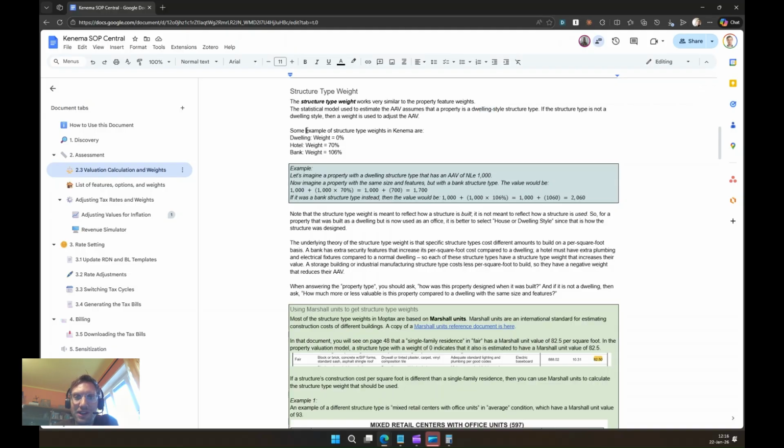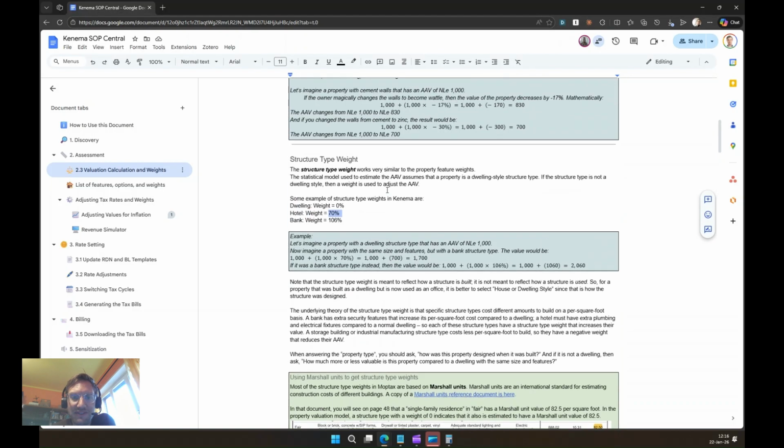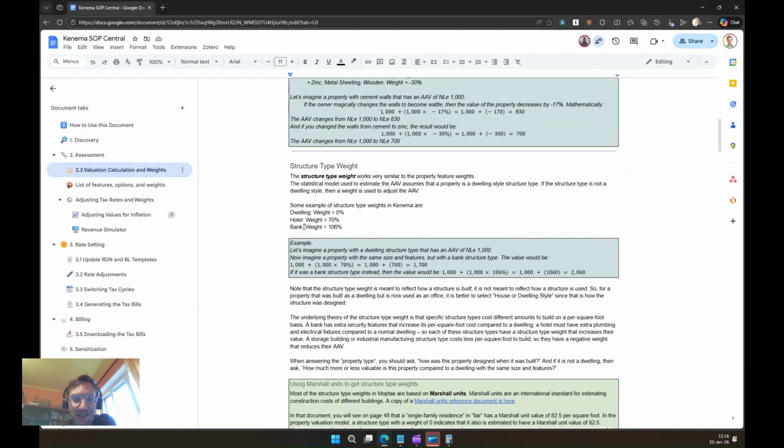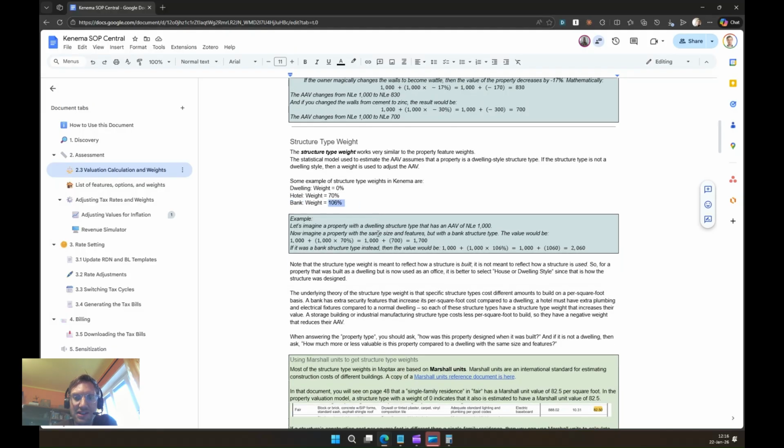So for example, a dwelling has a weight of 0 because a property is assumed to be a dwelling, basically. And a property that is a hotel has a weight of 70%, so the value goes up by 70%. A property that is a bank structure type has a weight of 106%.